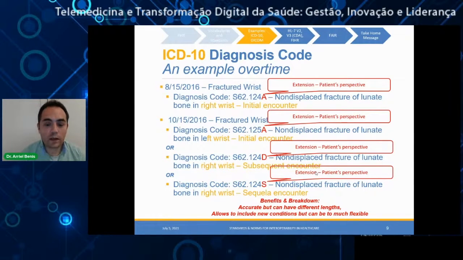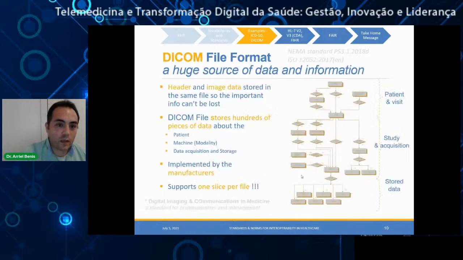A benefit and a drawback of ICD-10, as I pointed out, is that we have very accurate data, but with a code length which can change. Also we can generate new situations and new conditions, but in a too flexible way, and so not be able to communicate with other medical institutions.